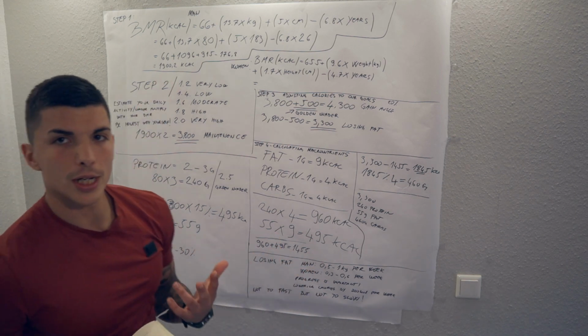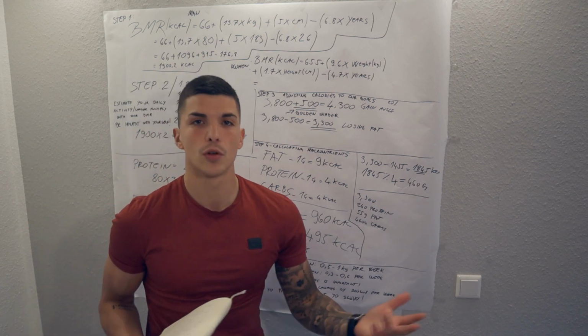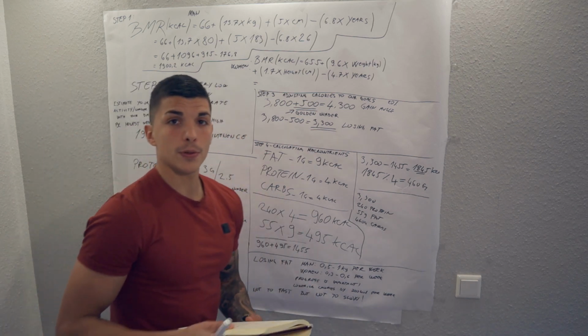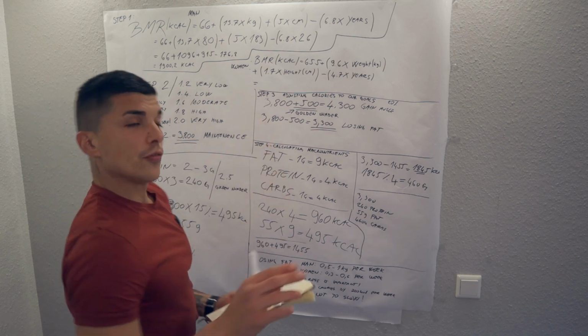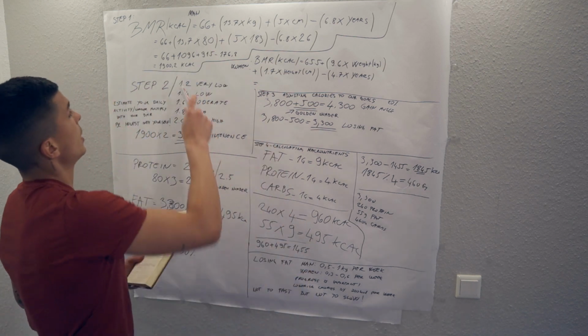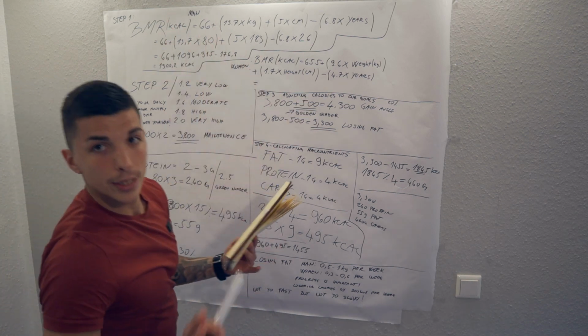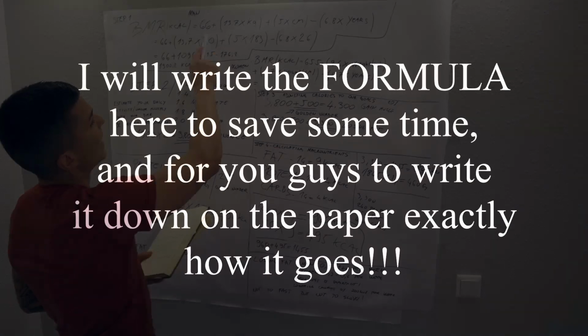So we have formulas for BMR. We have formulas for a man and formulas for a woman. So first of all, grab your paper. First I'm gonna show you the formula for the man. So it goes like this, already written. BMR, that's the calories that our body burns when we are doing nothing, as already said. So it goes.